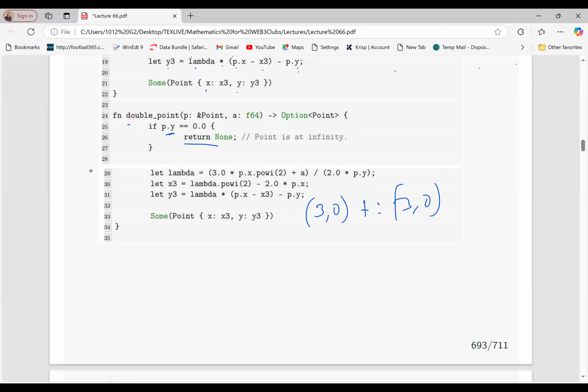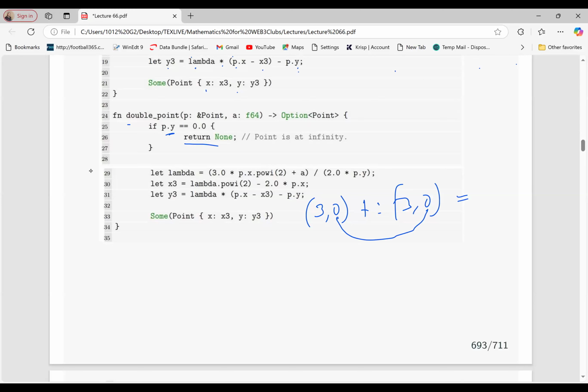You want to sum this. What will be the result? The result will be infinite. The y value is the same, the x value is the same, so it's the same point.